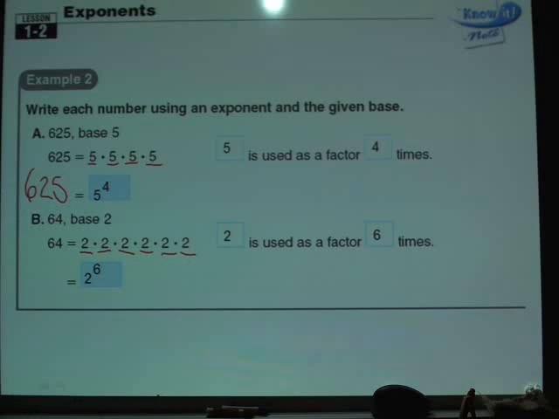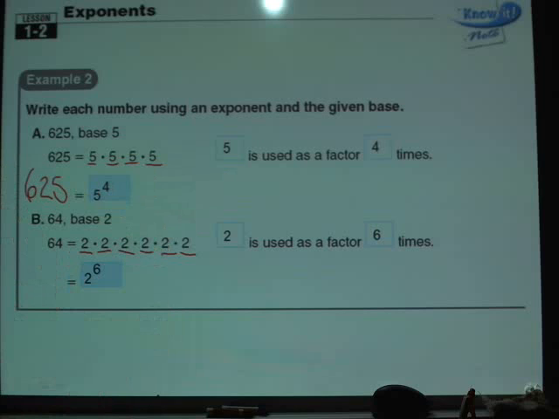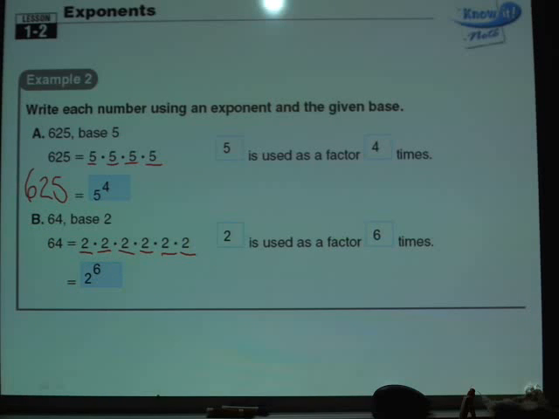Times 2 again is 64. Since I have my number here, I stop and ask, how many times is 2 in that problem? Well, 2 is in that problem 6 times. And remember, the number of times it's in there is the exponent. So the power is written as 2 to the 6th power. 2 to the 6th power equals 64.